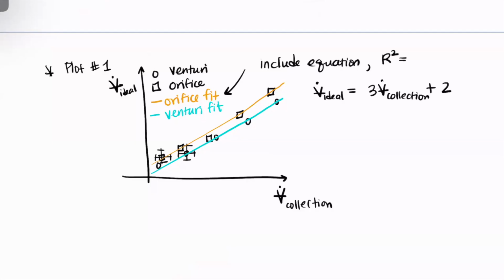I'm making this up. It will not look like that, okay? And then you might say R squared looks like 0.87. The R squared values will be printed out to the command line in MATLAB if you're using MATLAB. So you can grab that information there.